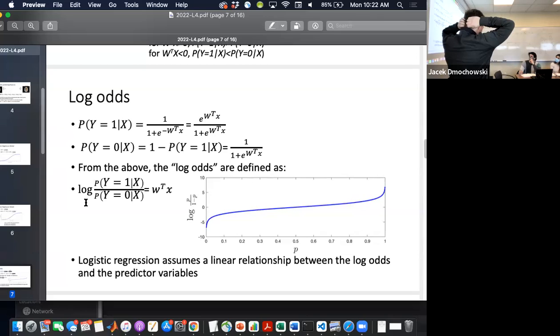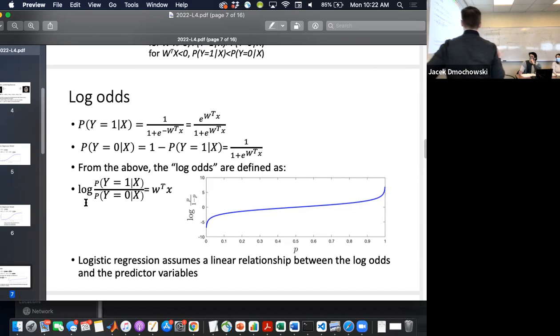It can be negative, but actually, let me see. The log odds is going to, if this number is close to 0, this is going to be very negative. And if this number is, oh no, it is going to work.